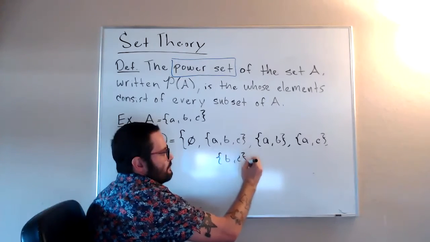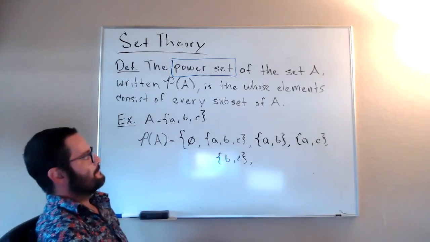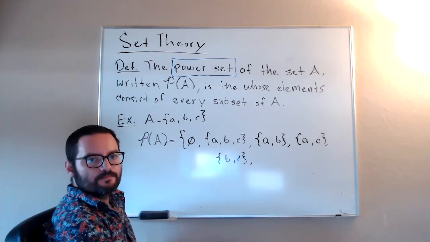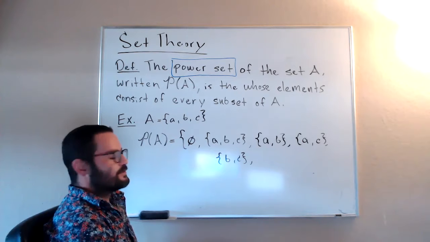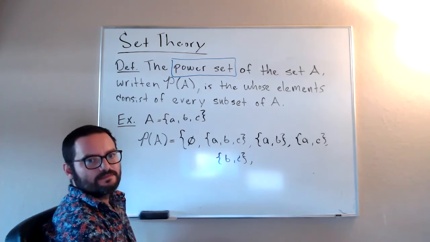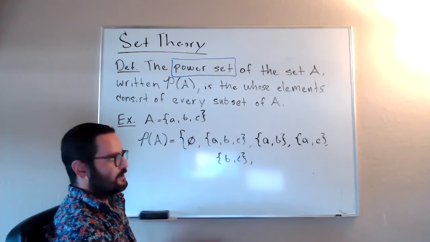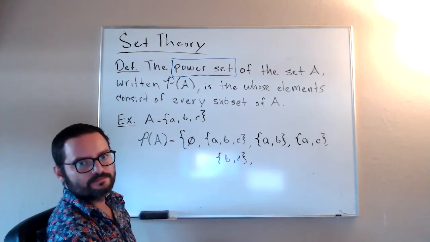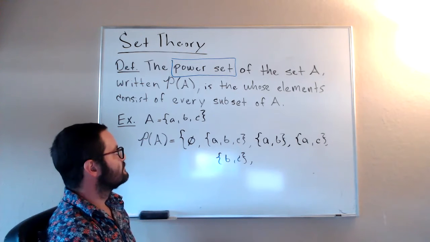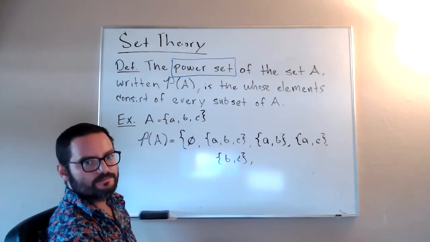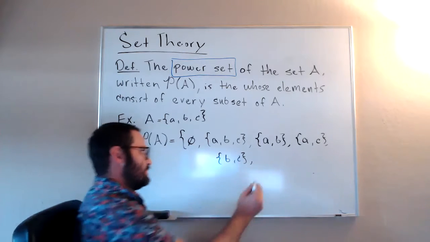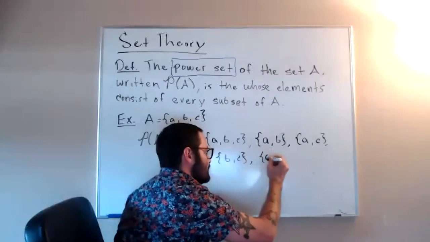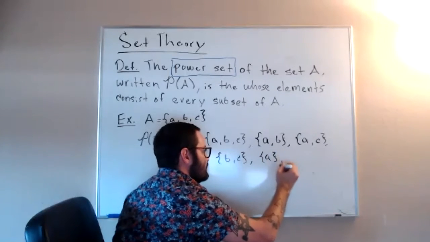What's another subset? There's three left. That's a hint. So there's three other elements in here. What about the set with element a?